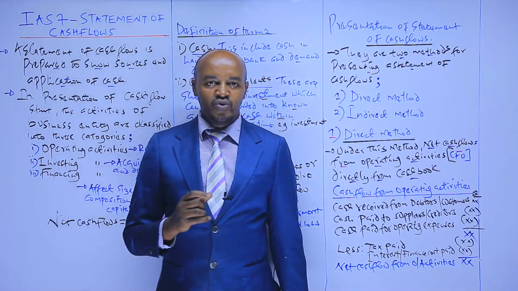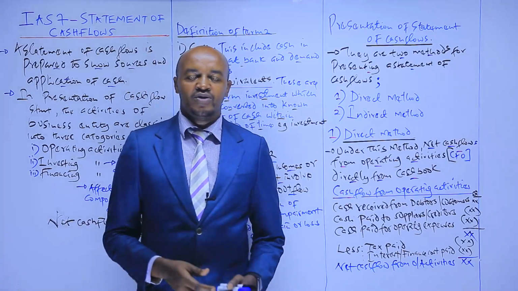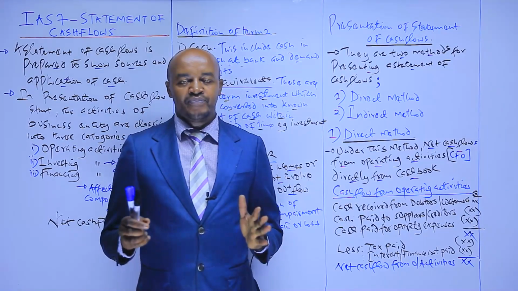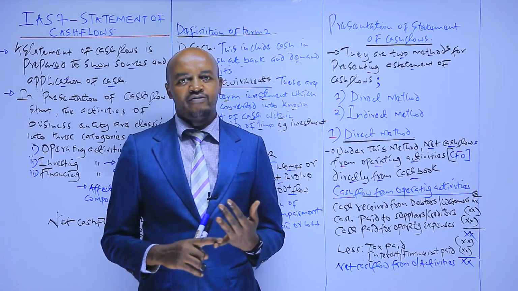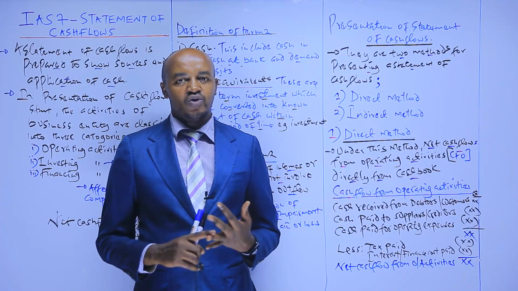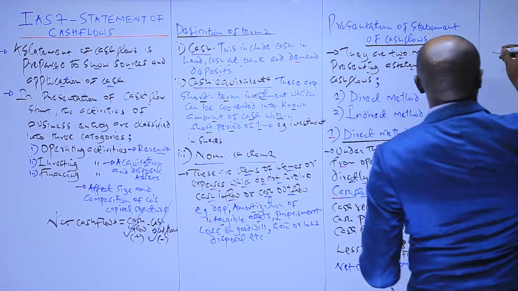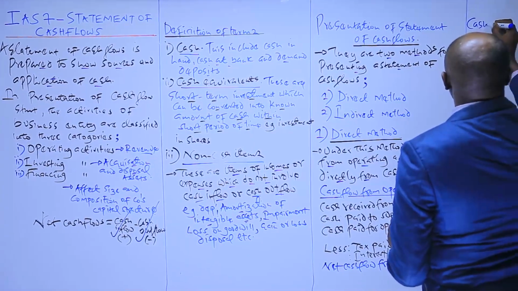So therefore, before we look at the other method, that is the indirect method, let us first proceed and look at how we determine the net cash flows from financing activities and also investing activities.